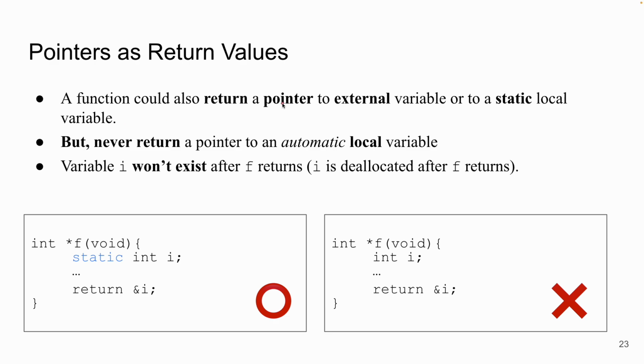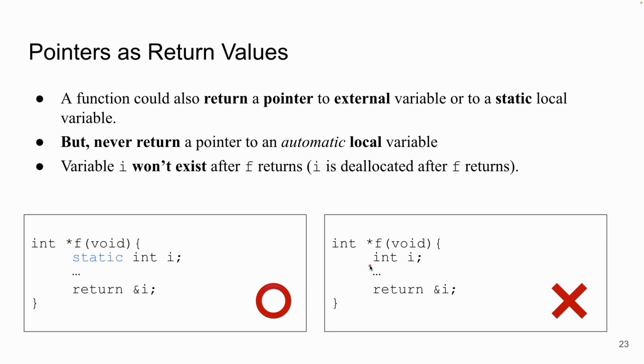So if we have a global variable in our code, we can also ask the function to return the pointer to that external variable. And if we have a static local variable like this, we can also return the pointer to the static local variable. However, one thing you can never do is return a pointer to an automatic local variable.